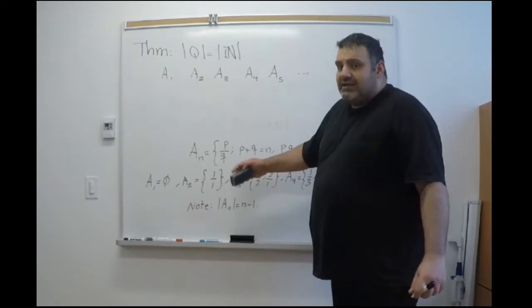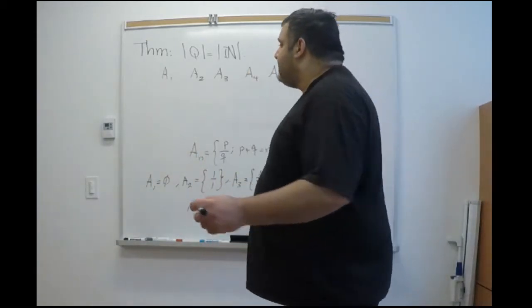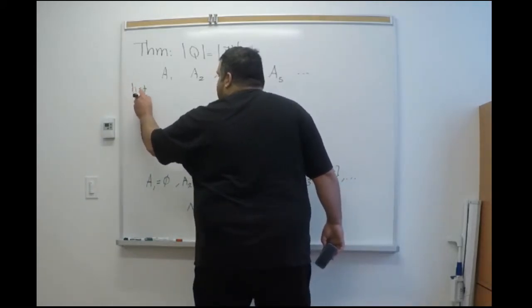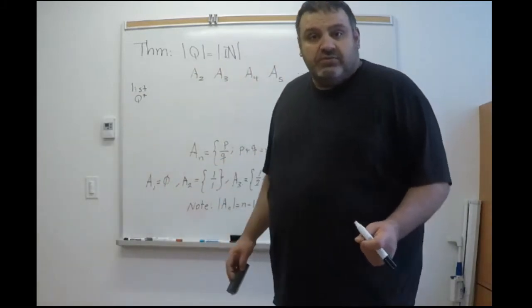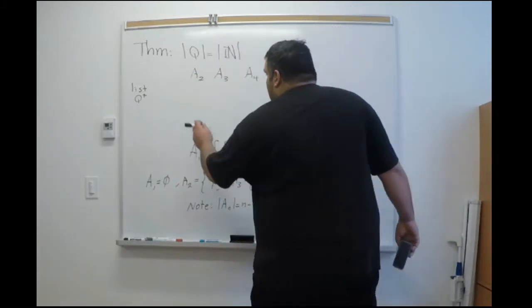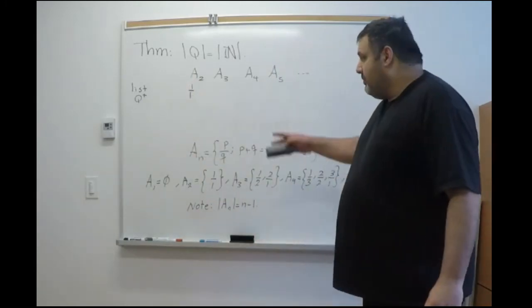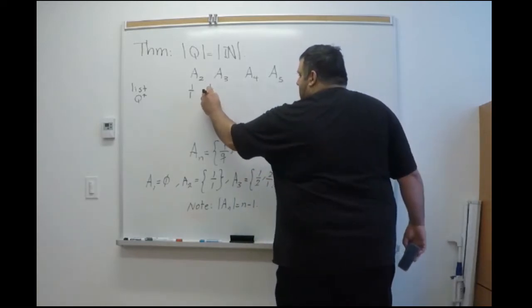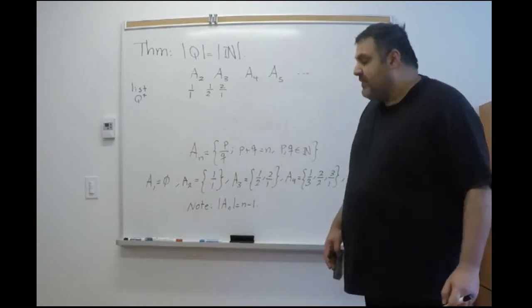Now, A1 has no elements, so you don't need to pick anything from that. But basically what we're going to do is list Q plus. A1 has no elements, so there's nothing to do. We look at A2, which has 1 over 1 in it. Perfect. We put it here. Then A3 has 1 over 2 and 2 over 1. We put it there.